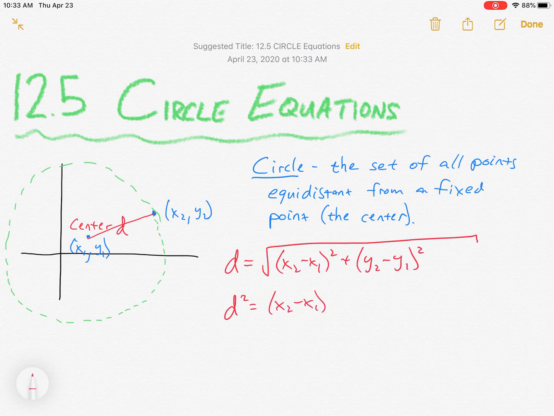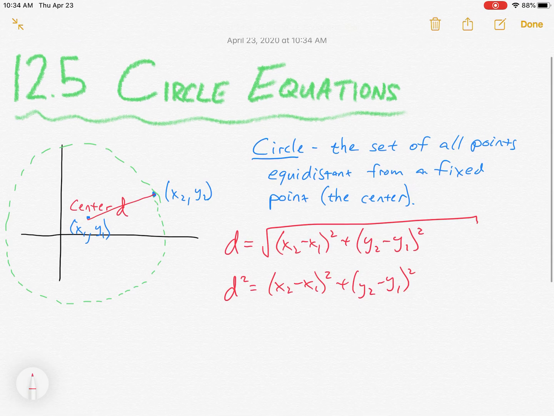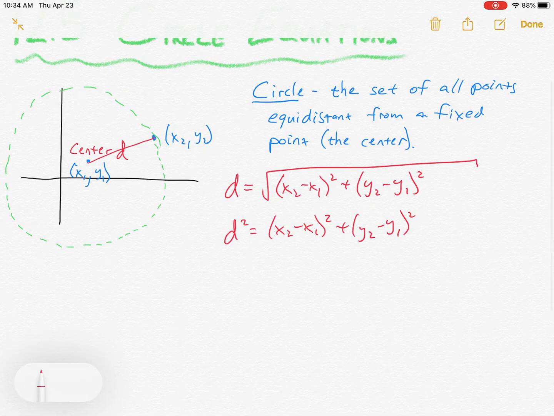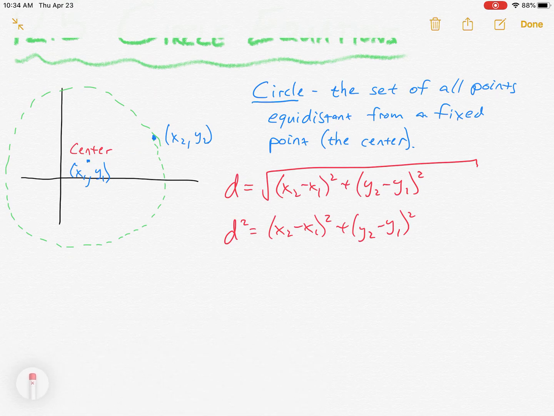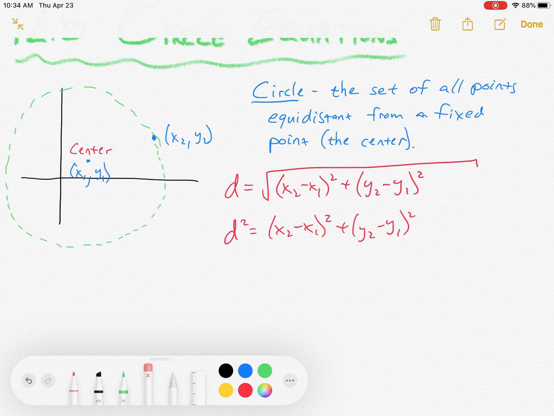And that basically is a circle equation, but we don't really like the square root, so what if we just square both sides? The square root goes away. And then finally, when talking about circles, d stands for something very particular. It's the diameter, and this is not the diameter. This is the radius.